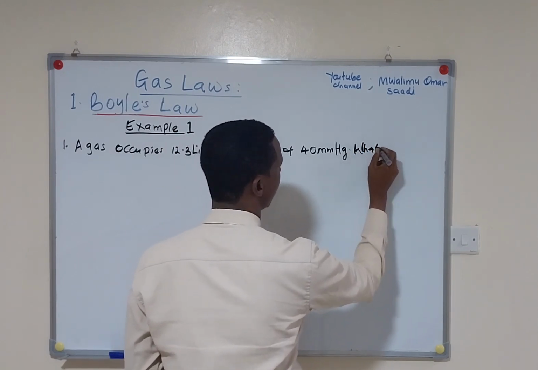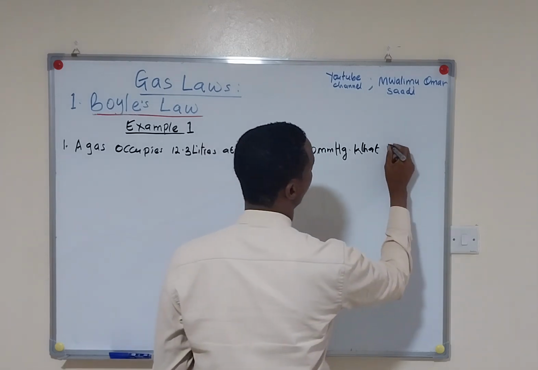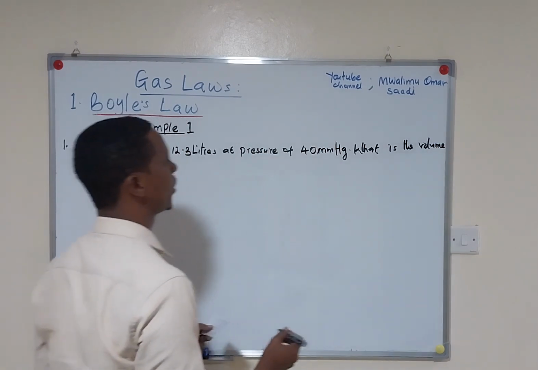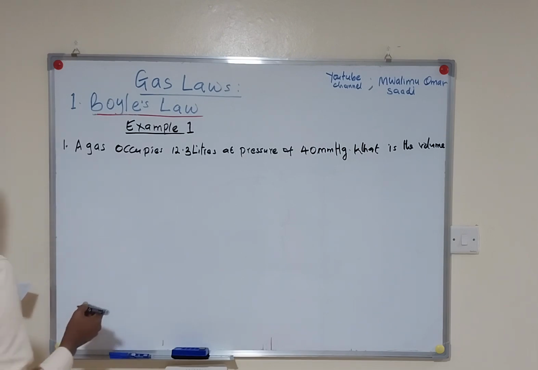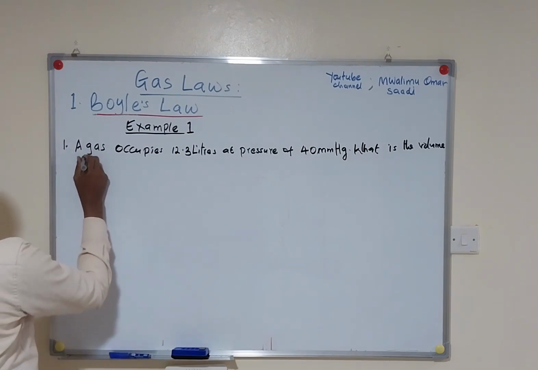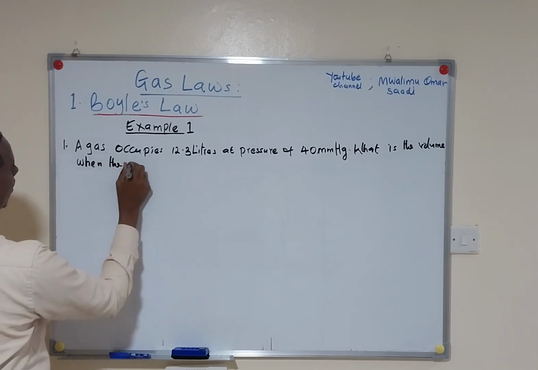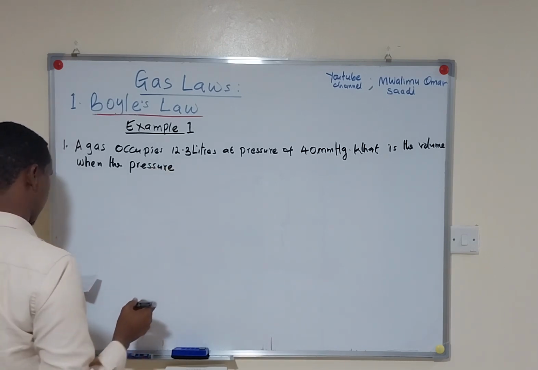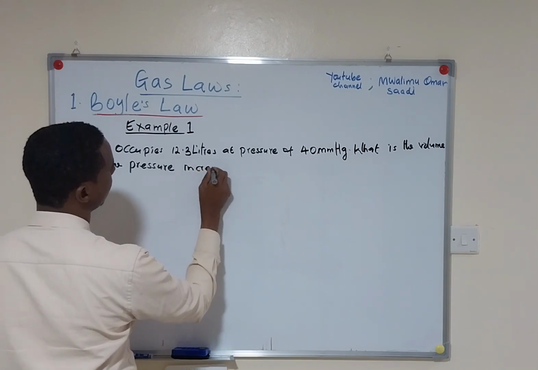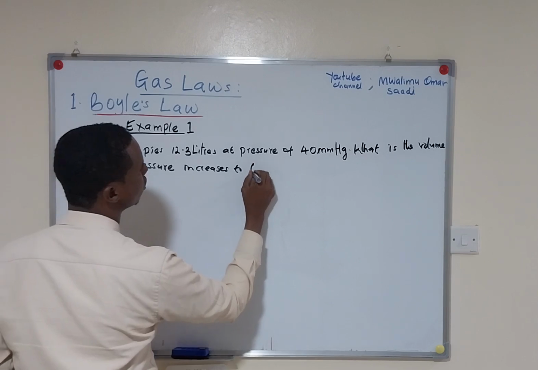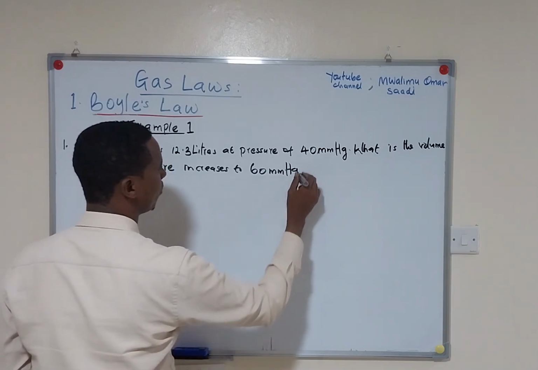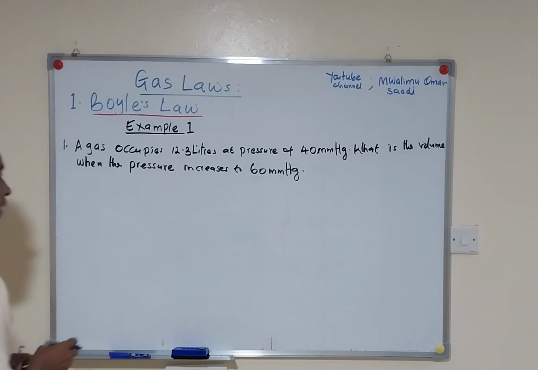What is the volume when the pressure increases to 60 millimeter mercury? So that is our example.